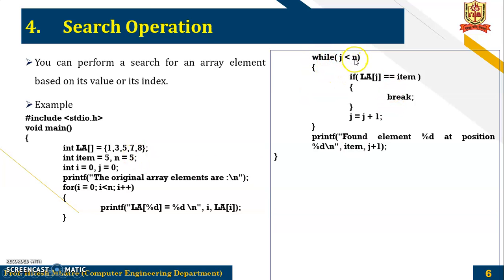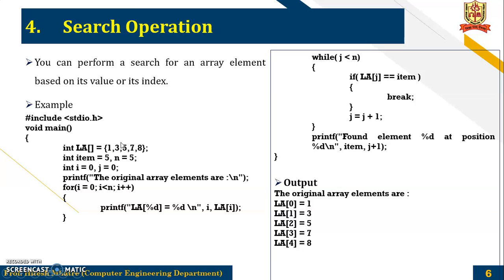While j is less than n, initially j is 0. So from 0 to n, that is 0 to 5, it will check. If LA of j, that is LA of 0, is equal to item, which is 5. LA of 0 is, as we can see in the output of the original elements, 1, 3, 5 and 7.